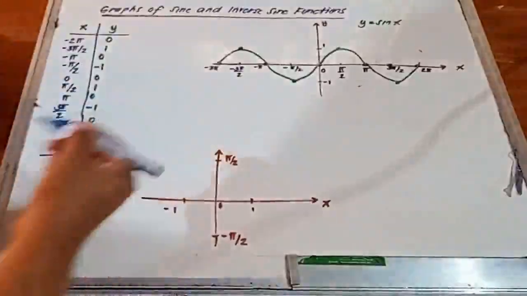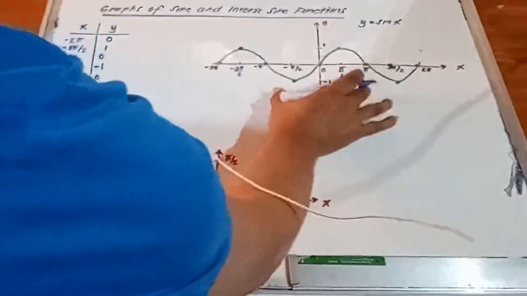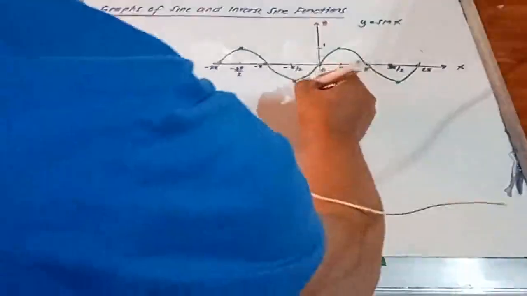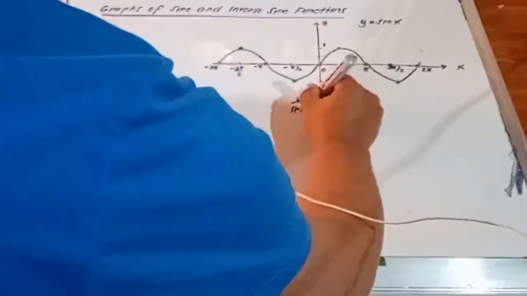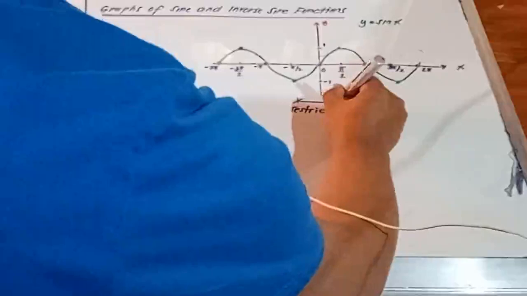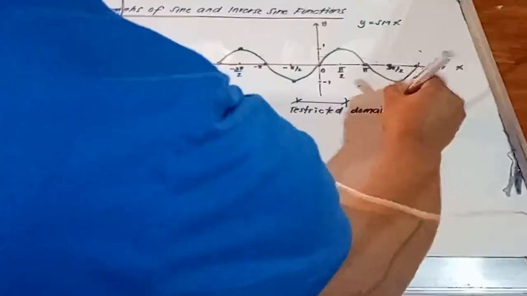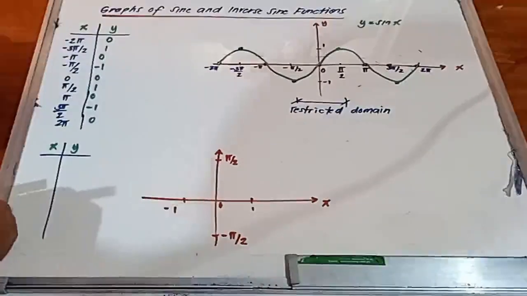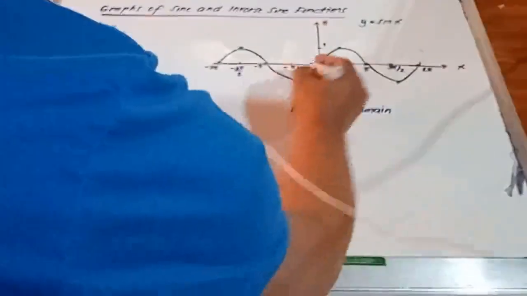Paano natin i-restrict? We're just going to consider this part of the graph of the sine function. Ito lang. Ito yung ating restricted domain. Kapag yan ang restricted domain natin, ano yung coordinates nito?